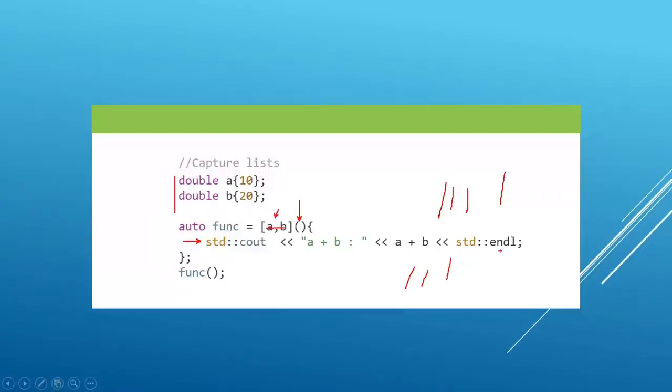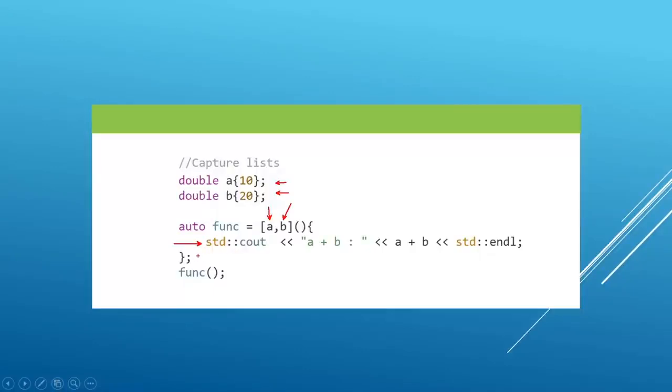We can have access to things that are declared and defined outside the lambda function through our capture list. If you look here, we are saying a and b, and this is the syntax we use to capture these two variables, a and b, and have access to them inside our lambda function. This is what capture lists are really for: giving you access to things that are declared outside the scope of the lambda function.